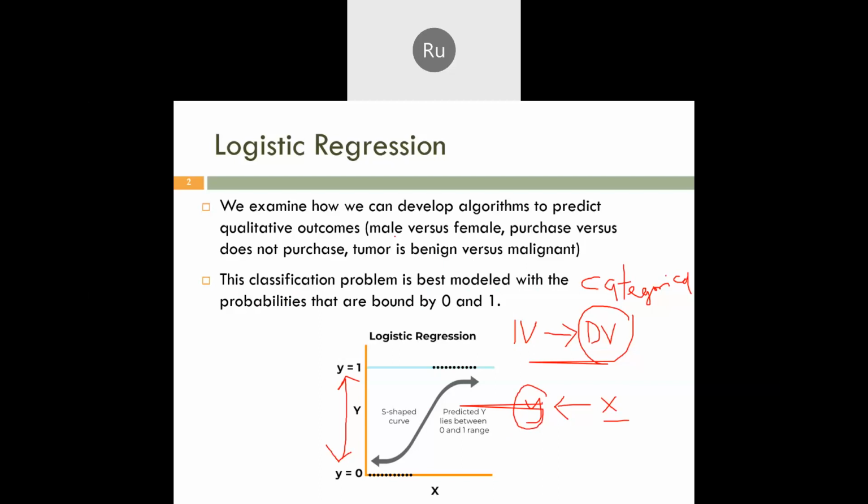For example, male and female are nominal values. Purchase versus does not purchase are nominal values. And a tumor being benign or malignant are categorical values.